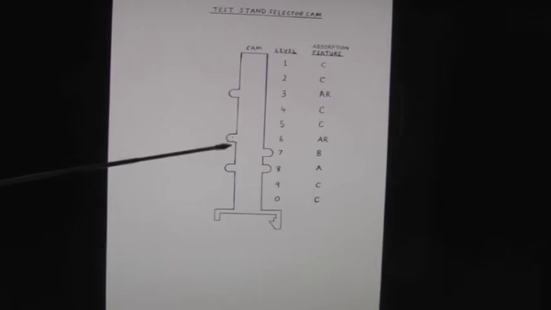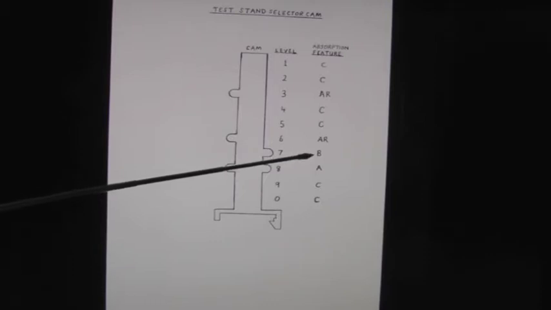On level 8 we have the A feature, so we have both a left and a right set of teeth on that level. And then lastly on level 7 we only have a right side tooth, so that level is set up for blocking.